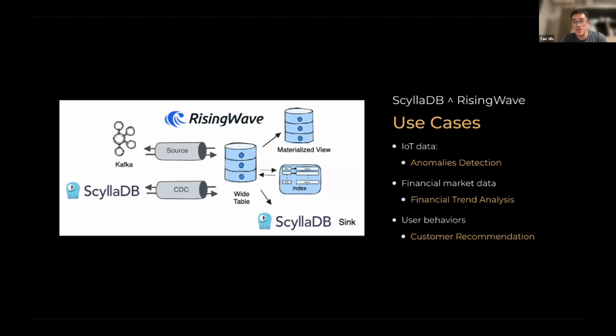RisingWave also makes it super easy to join multiple data sources for further analysis, such as building a 360 customer profile, so that you can join offline files from S3, event streams from Kafka, or CDC sources from databases like Cassandra, ScyllaDB, PostgreSQL, and MySQL, all in real time.